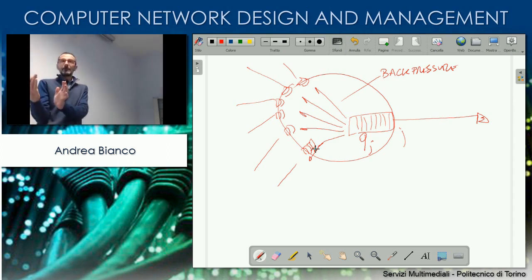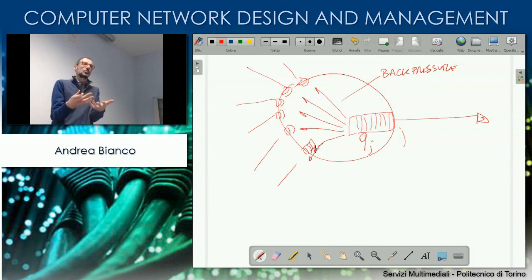That's the flow control. The receiver monitors its buffer occupancy. If it sees that it's not able to empty the reception buffer because you are a slow receiver, you don't have enough CPU for any reason, you ask the transmitter to slow down or even to stop. We have seen examples of this flow control while we were revising layer 2 protocols.